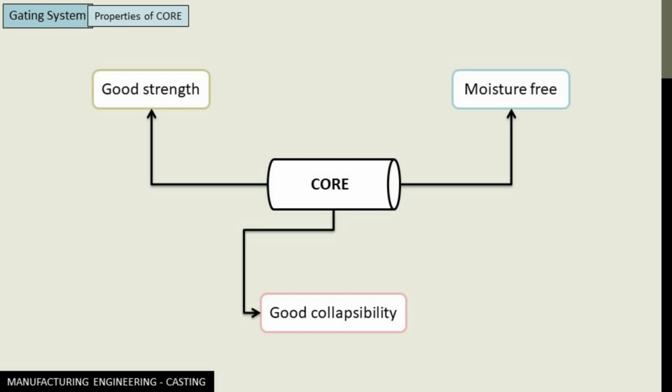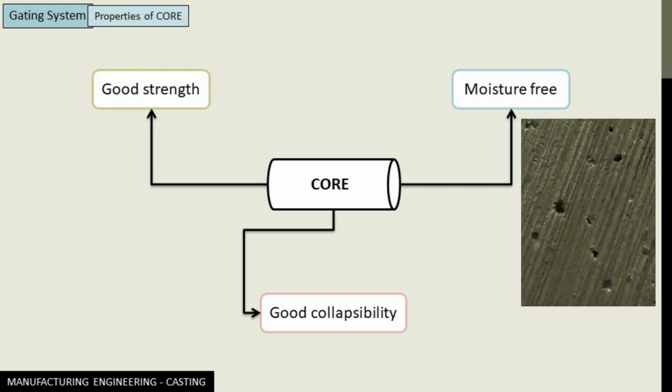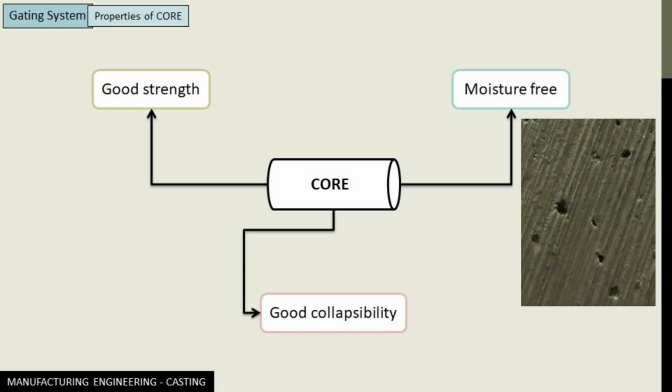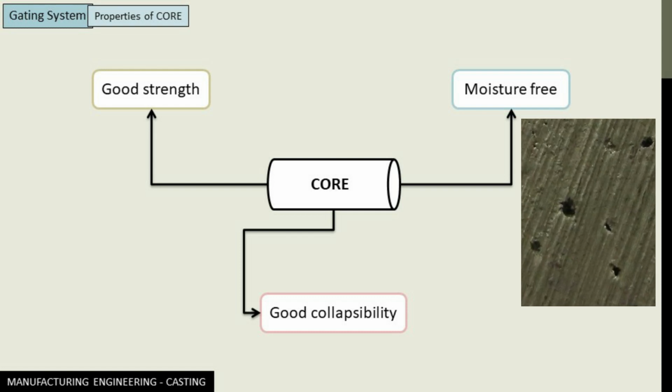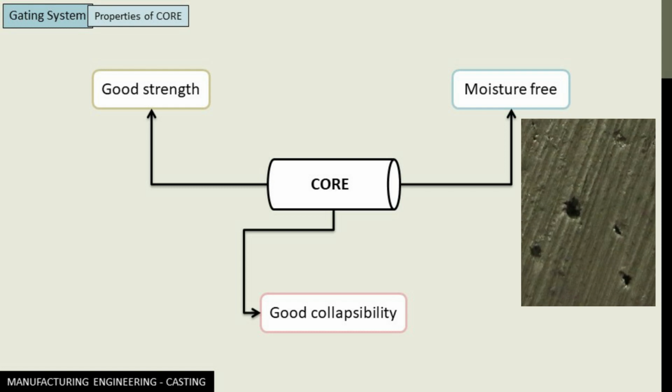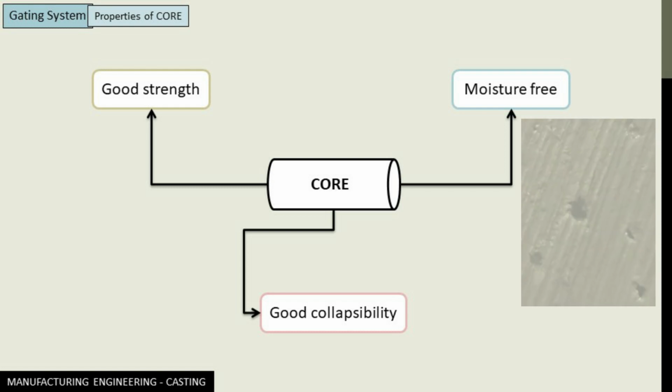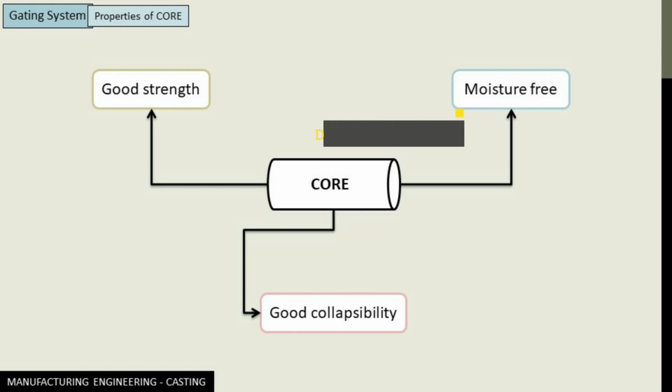It should have good strength, and it should be free from moisture, otherwise the moisture will be released to the molten metal, and we all know the casting defect called porosity, just like in the case of aspiration, will occur. Hence it has to be moisture free, and so we can use dry sand for making the core.